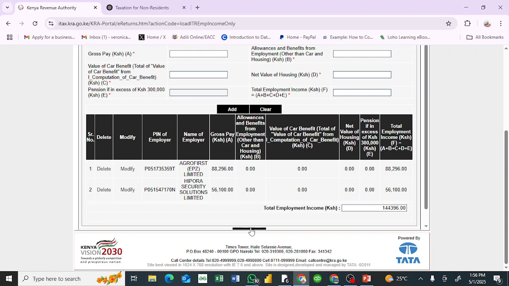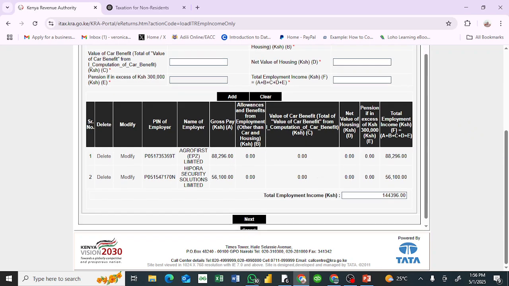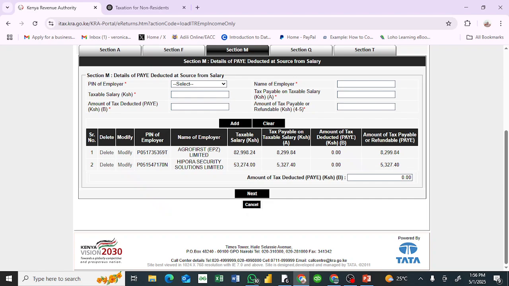So under this section we have this taxable pay. So unaadd 82,998.24 plus 53,274, and you less from ile figure tumepata, 144,396 tumepata less. 82,998.24 minus 53,274.